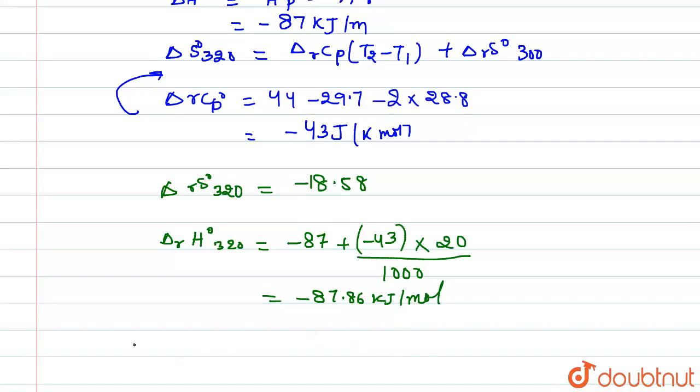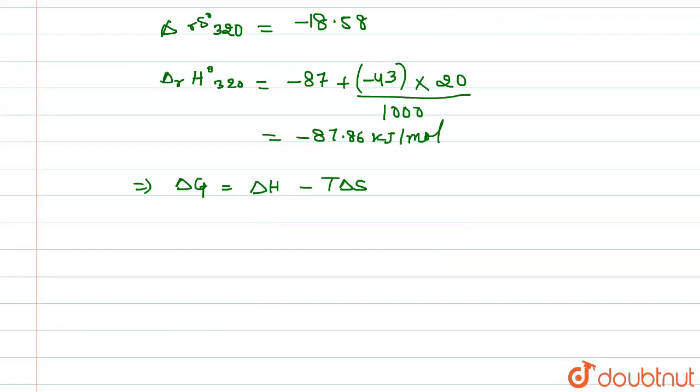So what we know is that in the Gibbs free energy equation we have ΔG equals ΔH minus TΔS, right?